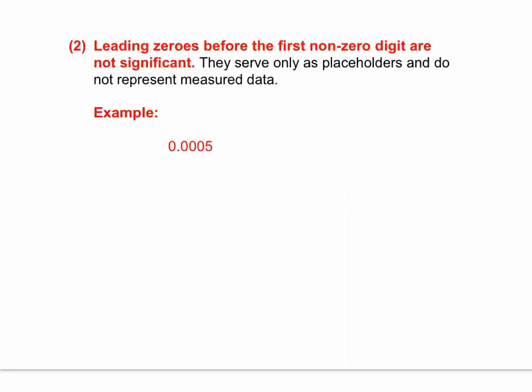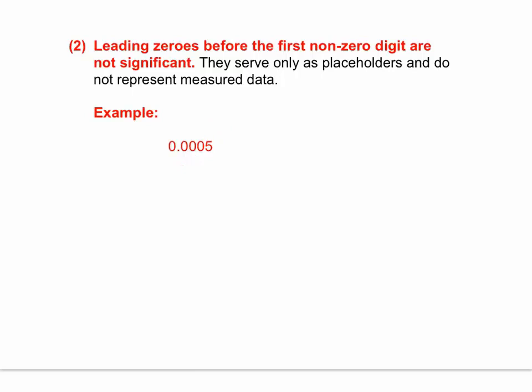Rule number 2, any zero to start off a measurement, called leading zeros, are not significant. These numbers are simply placeholders to express the magnitude of a number. So, in this example that you see below, you have a 0 decimal spot 0005. All 4 of these zeros that begin the number are what we call leading zeros.